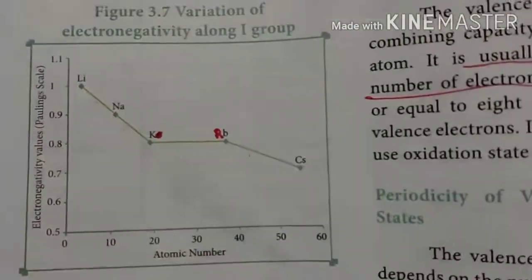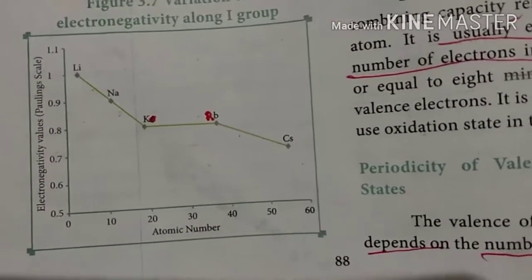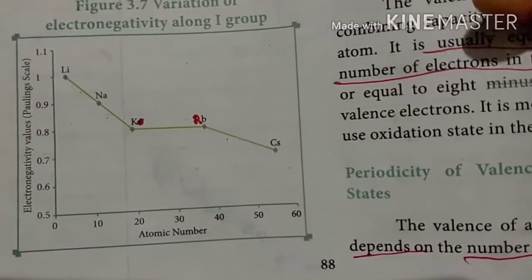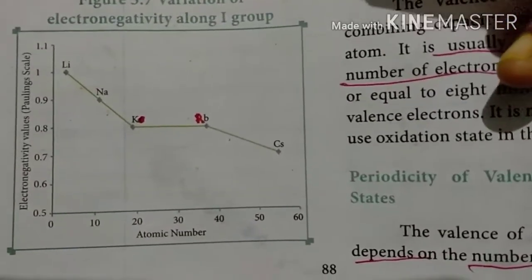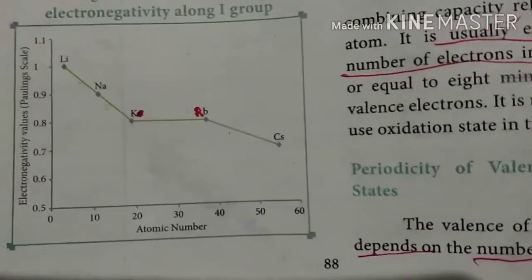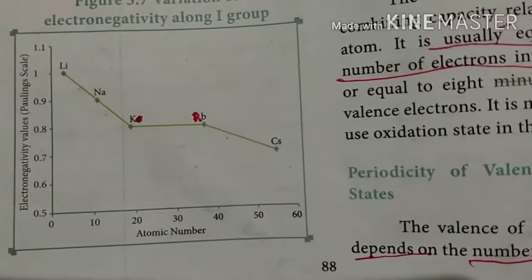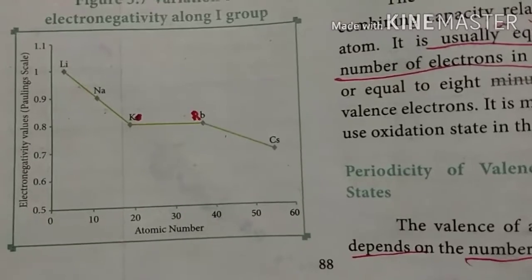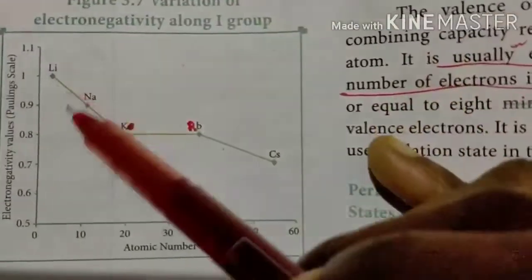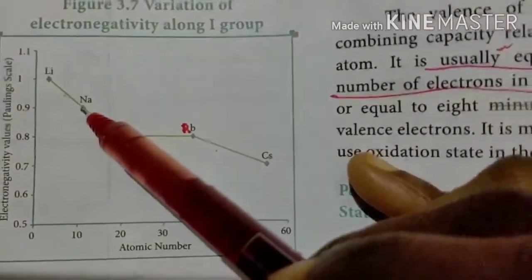It decreases because the atomic size is increasing and the shielding effect is also increasing. That means the attraction between the nucleus and electron is decreasing. So here you can see lithium and sodium.